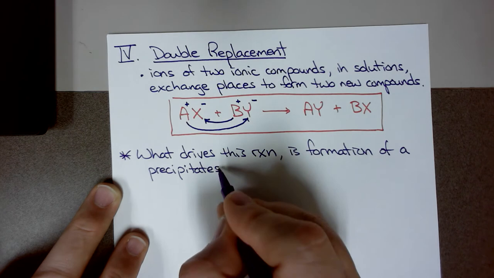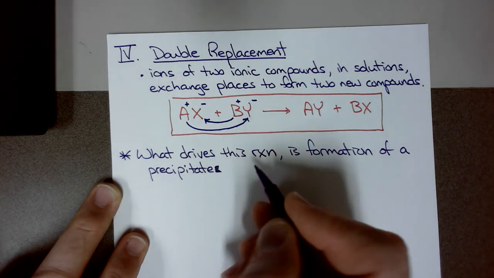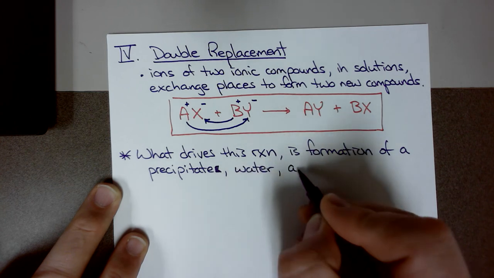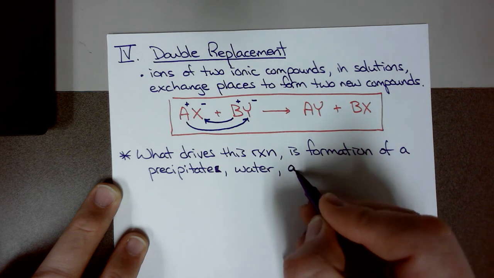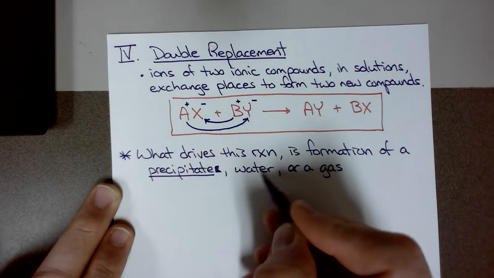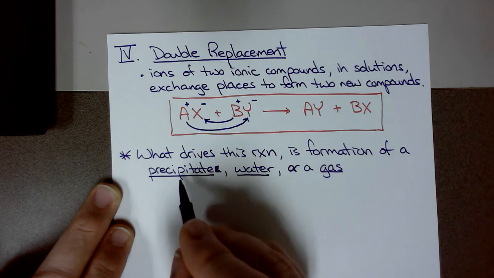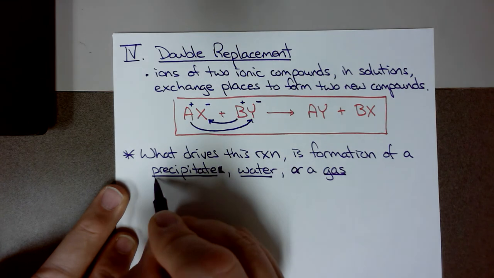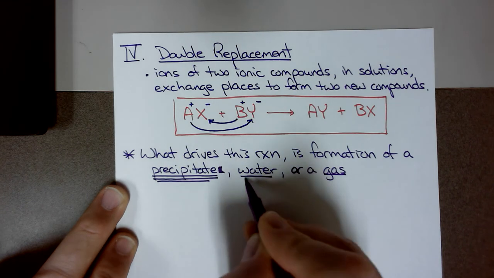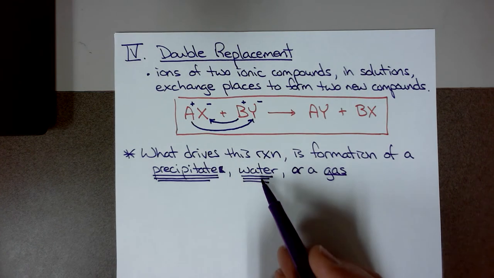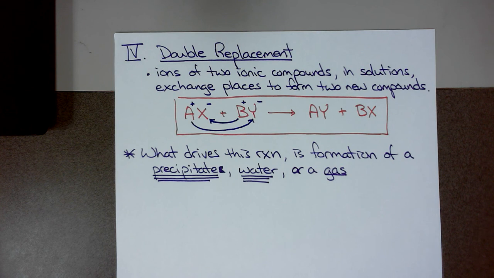So a precipitate, water, or a gas. So we have to form a precipitate, water, or a gas. Now, the ones that are extremely important, the one that you're going to see the most of, and we rarely see the gas formation, but it's precipitate formation and formation of water. And we actually call this a precipitate reaction and an acid-base reaction when you form water. And we'll talk about those in more detail in the next videos.